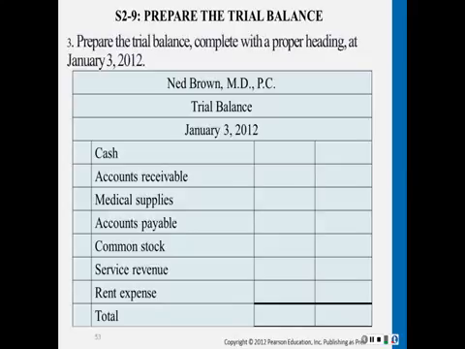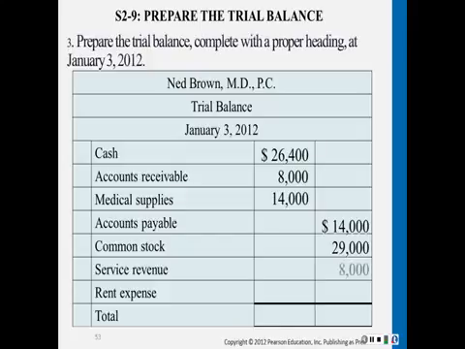The debit side goes on the left, the credit side goes on the right. So cash has a balance of $26,400, accounts receivable $8,000, medical supplies $14,000, accounts payable $14,000, common stock $29,000, service revenue $8,000, rent expense $2,600.